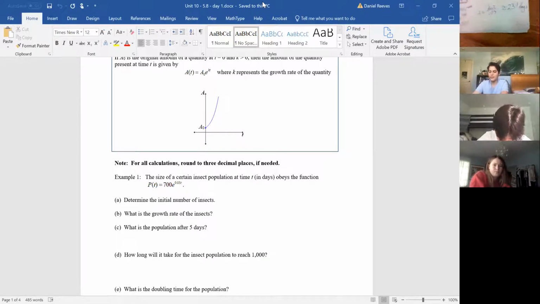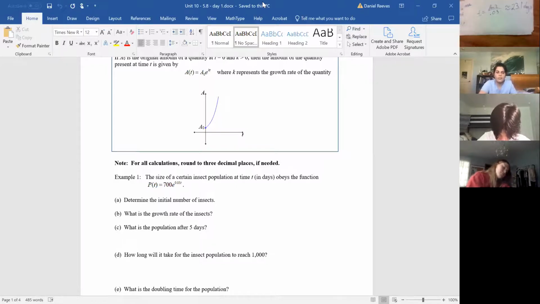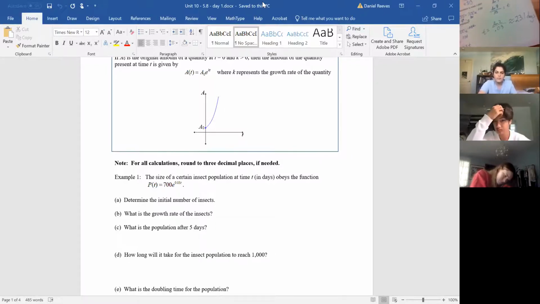All stuff which is very pertinent. Population growth includes population of people infected by viruses. Definitely these are the types of equations that people are using to predict how many people are going to be infected and whatnot tomorrow.